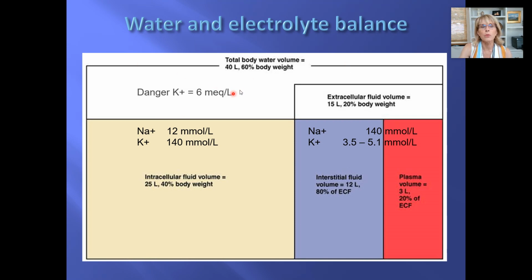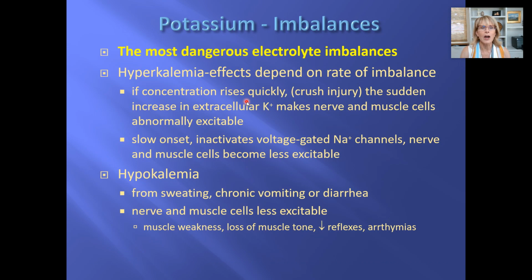The danger zone when potassium goes above 6, right? Whereas sodium had to go above 150 to get dangerous. This one just has to go above 6. You can see how difficult it is to keep at the front of your mind. So we left off here that sodium was the most dangerous of the electrolyte imbalances.